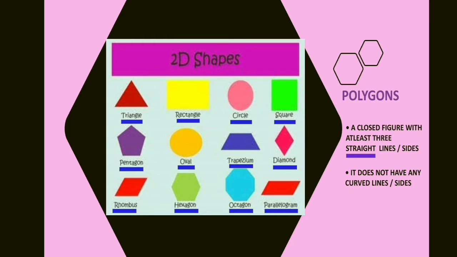As I said, there are two conditions for a polygon: it has straight lines and no curved lines. But in these 2D shapes, can you notice for circle and for oval, there is no straight line and it is completely made up of curved lines. So although it is a 2D shape, it is not considered a polygon.